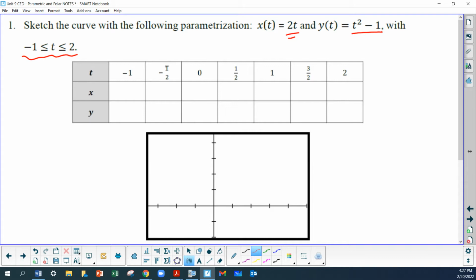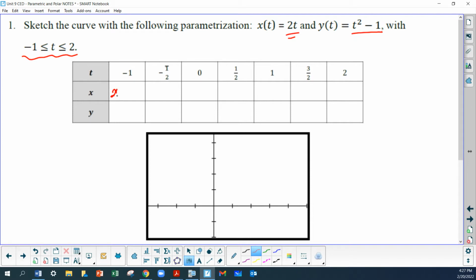So we can plug t into each of the equations and find out what x and y would be. That'll give us an ordered pair x, y, which we can bring to our normal coordinate plane here and graph out. So common variable, -1 going in.